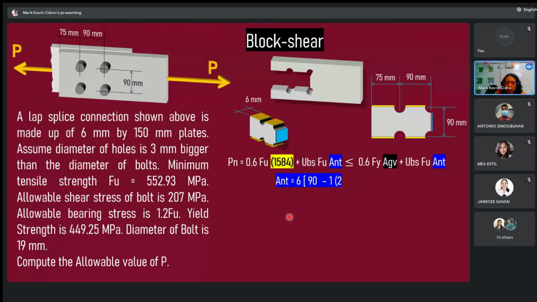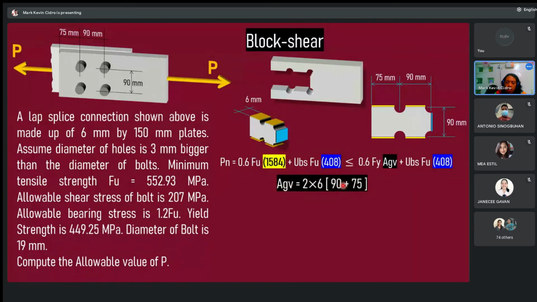Next naman is A and T, the net area for tension, or the blue one. So there you have 6. Tapos ang width naman is 90 minus half, usa na itong buho, 22 mm. Okay? And the result is 408 mm squared. Okay.